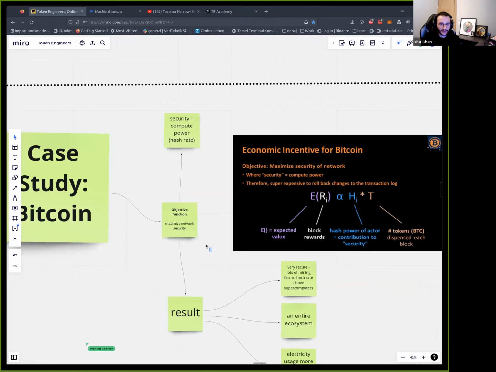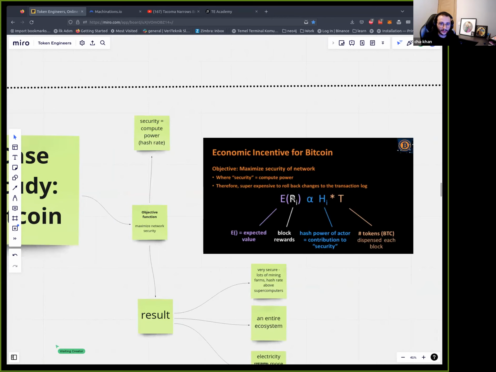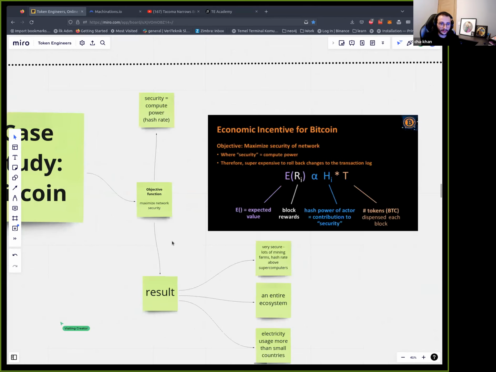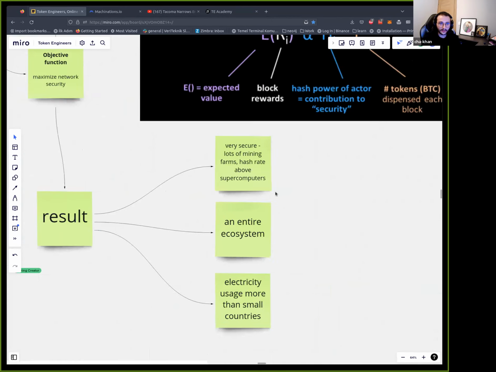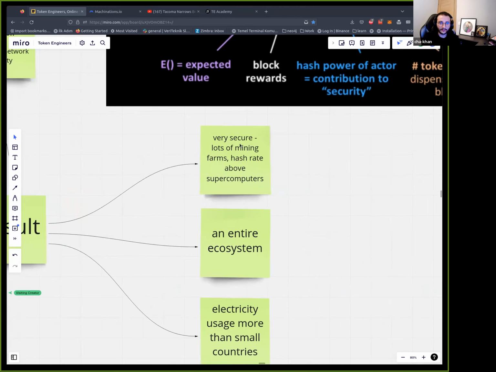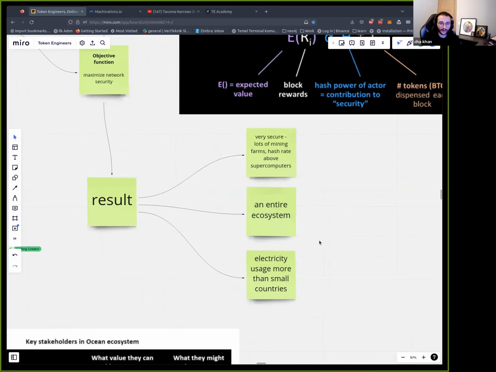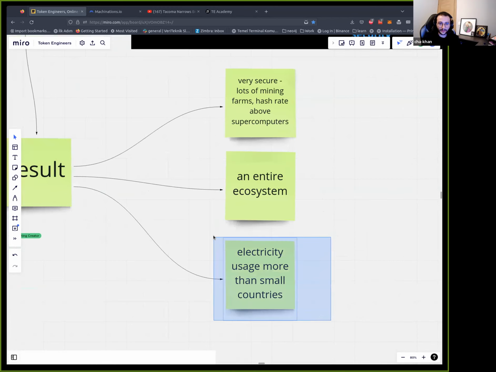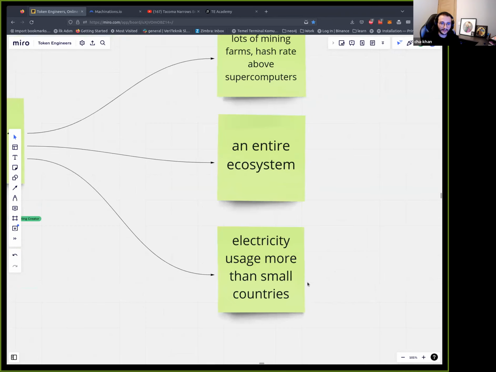Just with this basic objective function, and no constraints on Bitcoin, you have an incredible result. Bitcoin is extremely secure. There are millions upon millions of hash power running, trying to secure Bitcoin, with many ASIC farms all over the world. There's an entire ecosystem that was born out of this. A side effect is that the electricity usage is more than many small countries'.